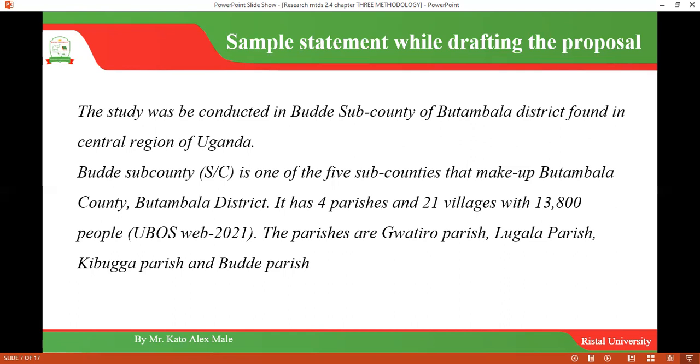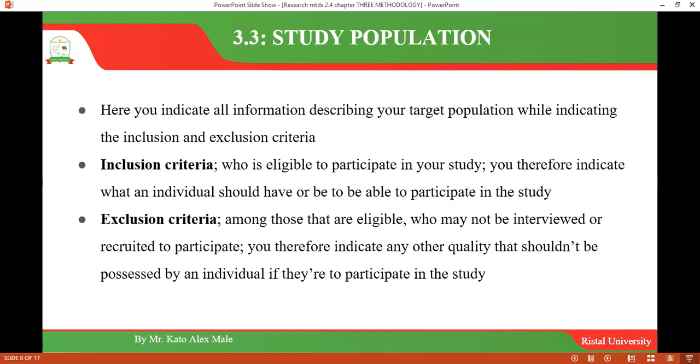Now, this study was a bit location specific, as in the sub-county. That's why I gave the population of the county. I listed the parishes here because they were to help me in categorizing these people in the form of clusters. I talked about cluster types of sampling in the sampling lecture. You should revise to get everything to do with that.